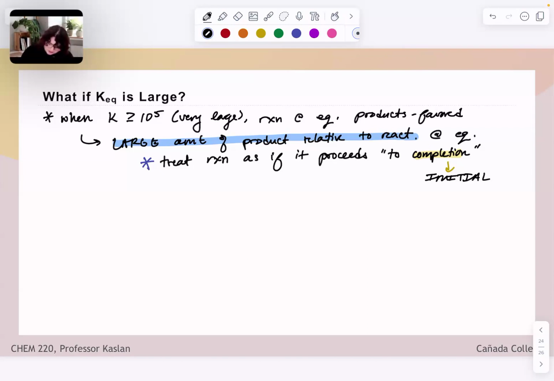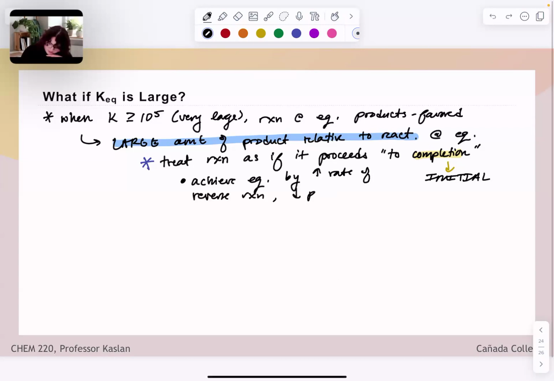So once we've established our completion, which we're calling our initial conditions, we know that achieving equilibrium is going to happen by increasing the rate of the reverse reaction, which will decrease the amount of product made, as well as increasing the amount of reactant present.